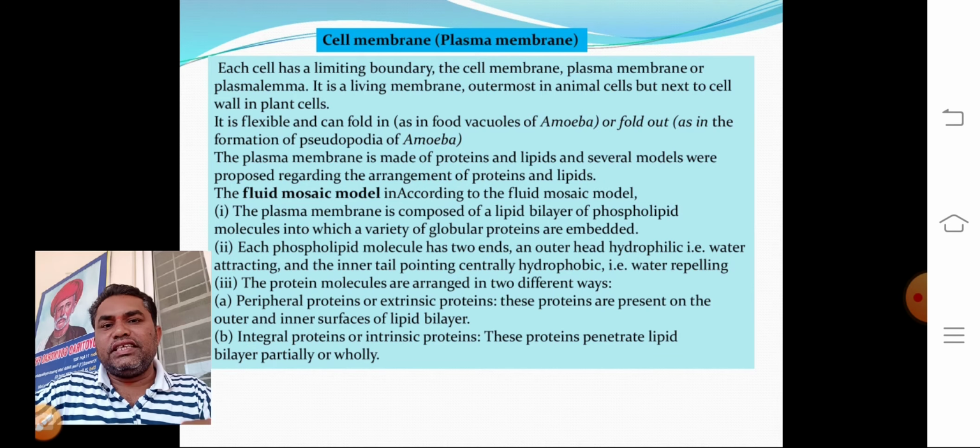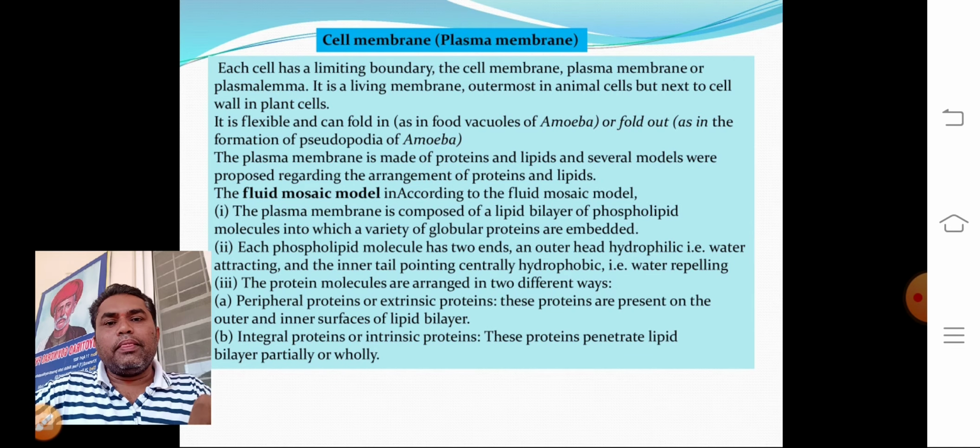These extrinsic or peripheral proteins are present on the surface. Integral proteins are intrinsic proteins. These proteins are embedded in the bilipid layer, partially or wholly.